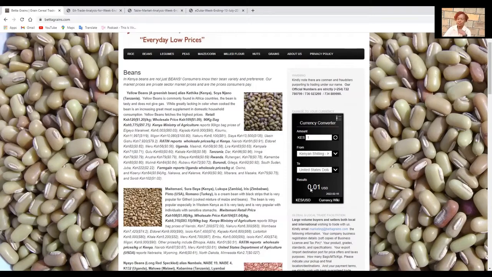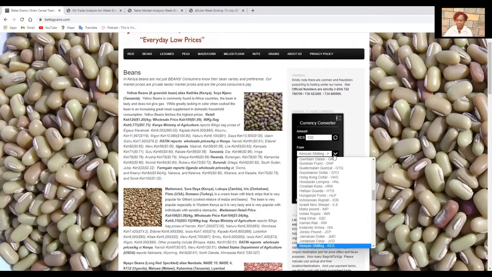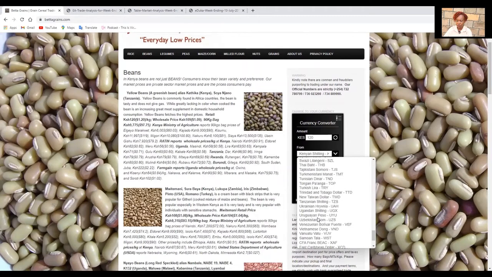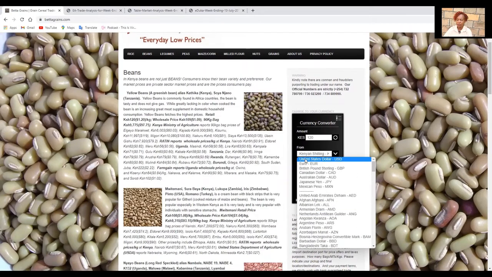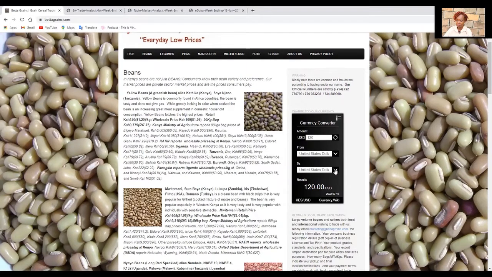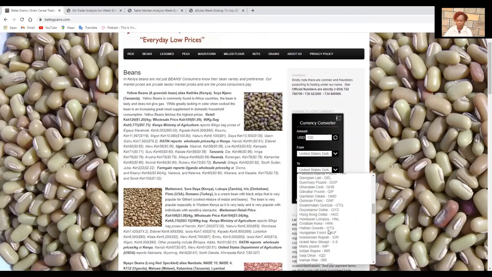So what we normally do is, for example, take the yellow beans, which is 120 shillings, and you want to change it from the Kenyan shilling to the US dollar, it comes to that. But sometimes you also want to find the price from US dollars to Kenya shillings. You will just come from US dollars, and let me pick Malawi kwacha.